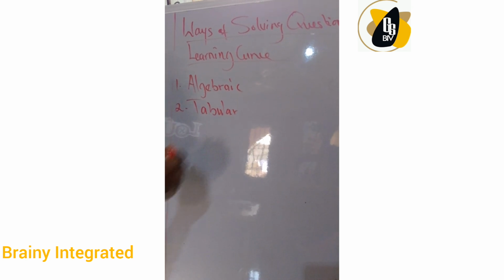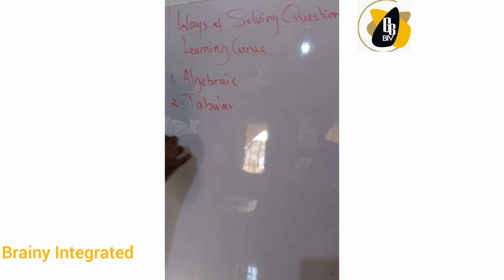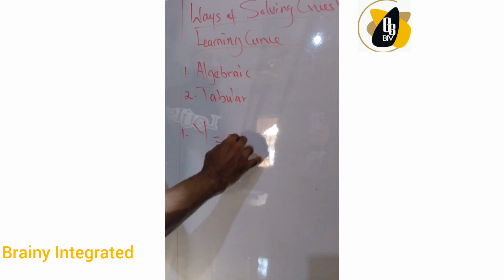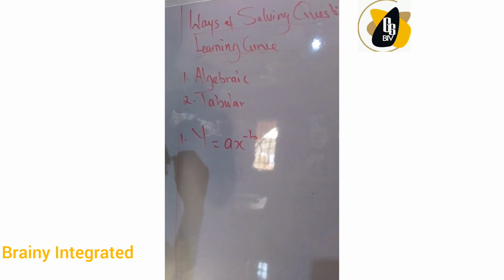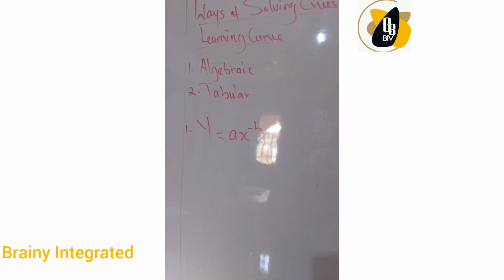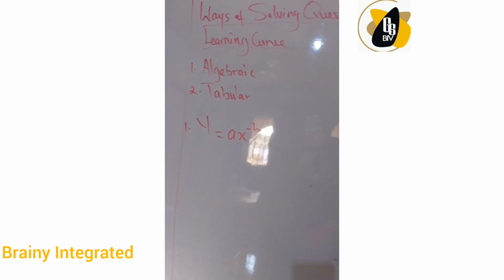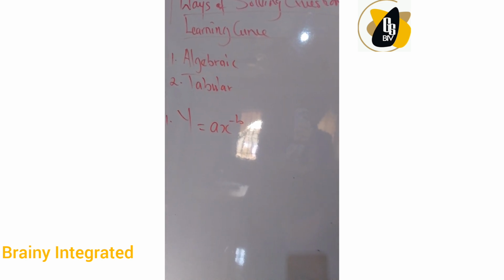In the algebraic method, what we require is a formula: Y equals a x raised to the power minus b. Interpreting that, Y is the expected average time per unit based on expected outputs.